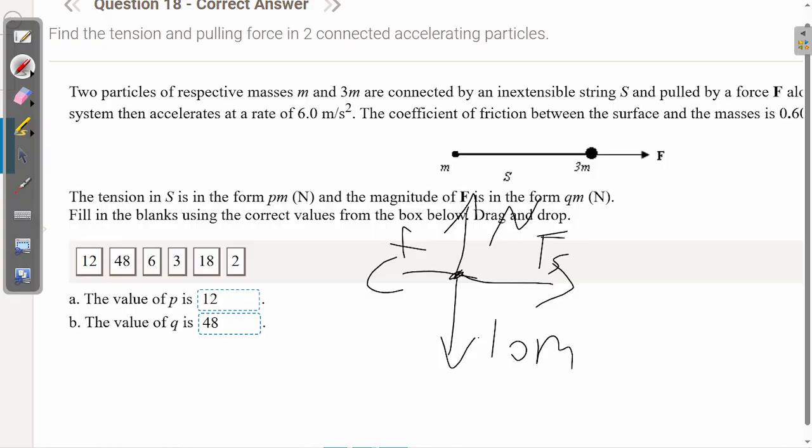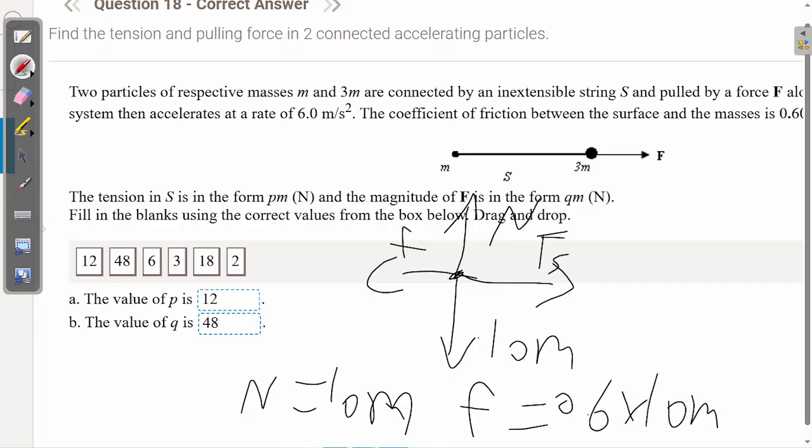Okay, the normal is equal to 10m. This is easy, since it's not moving upwards. And now the friction is equal to mu N, and mu is 0.6. 0.6 times 10m, so it will be 6m. And is it accelerating?